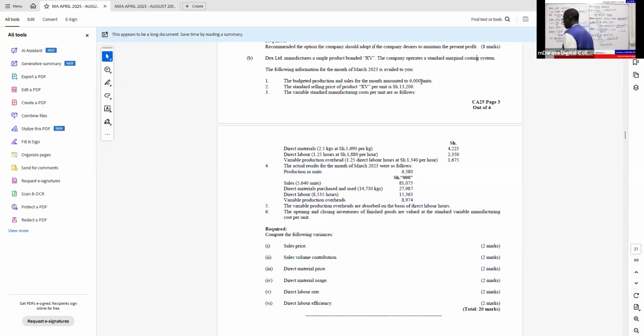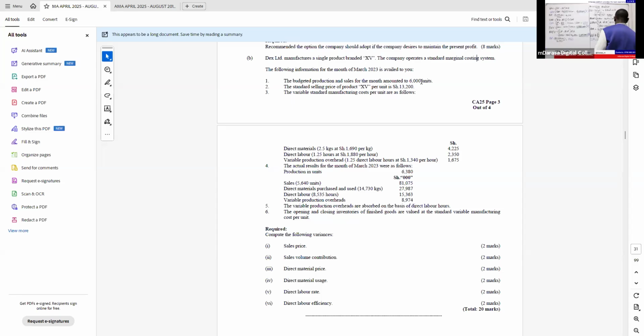That was in note number 4, production in units, 63.80. So at the end of the day, we take our value to be 1.25 times 63.80, which would give us 79.75, correct?